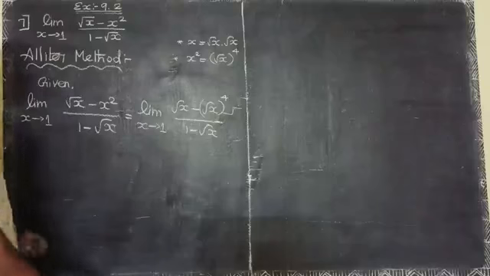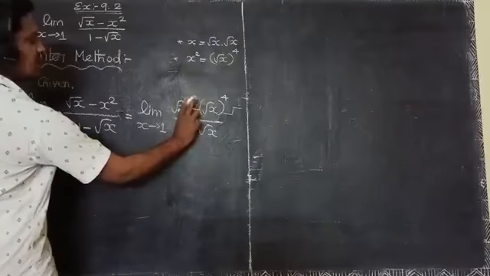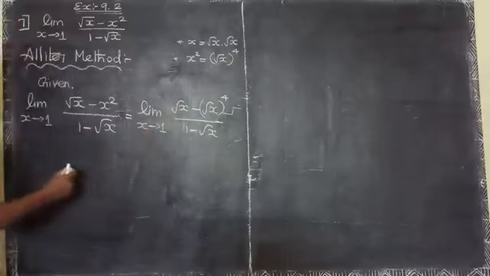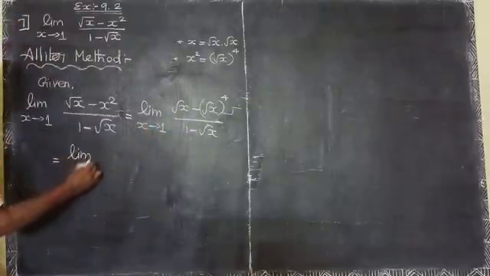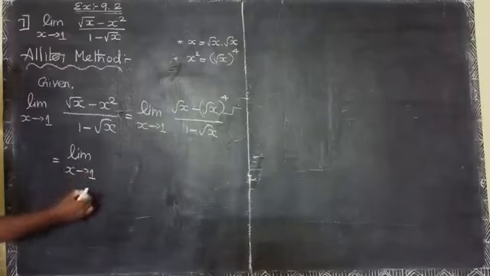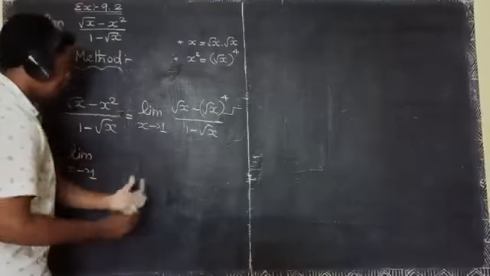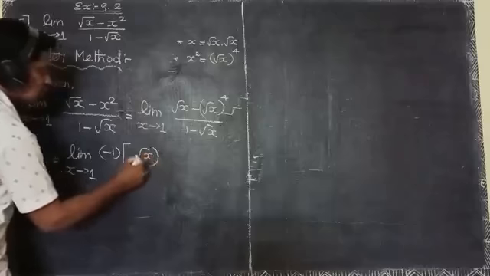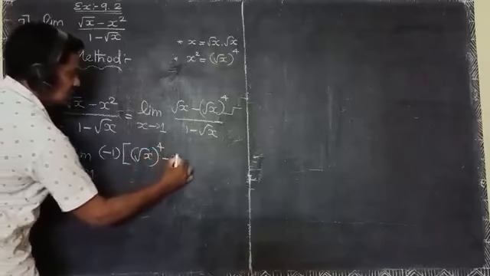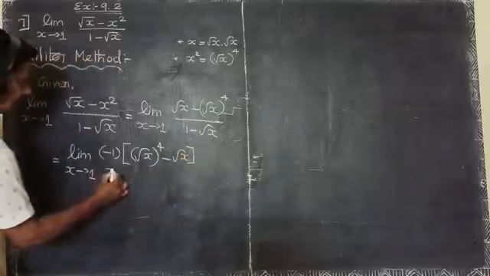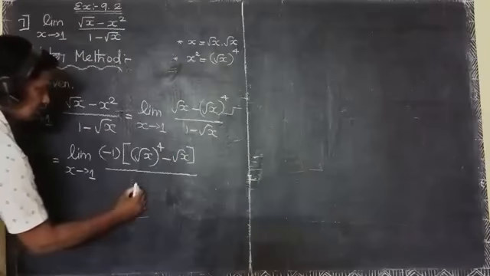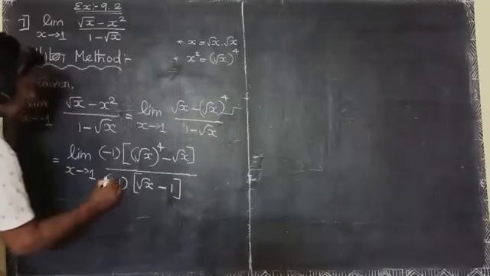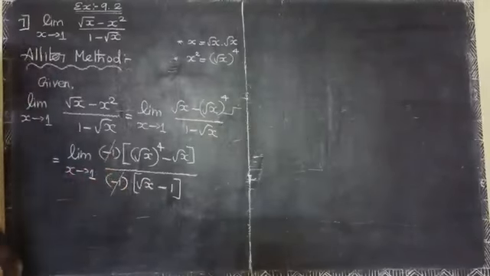Here the terms are changed, that is take outside minus 1 in numerator and denominator. Limit x approaches 1, minus 1 into (square root of x whole power 4 minus square root of x) divided by (square root of x minus 1) into minus 1. Here minus 1 is cancelled.